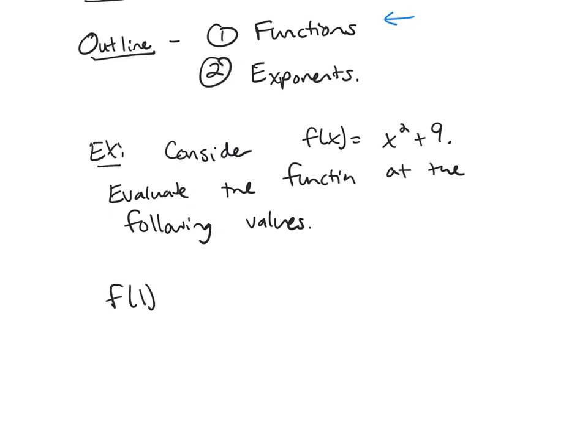F of 1. So remember, when we have a function, we think of x here as the input, and then whatever you get out, that would be the output. So I'm plugging in 1 in place of x, and I'm outputting 10.